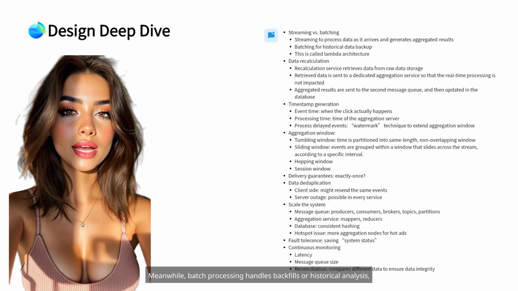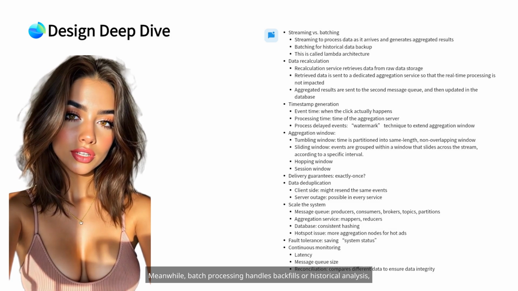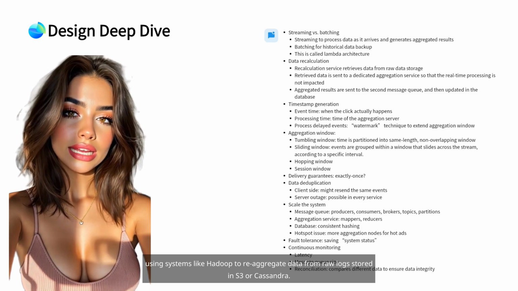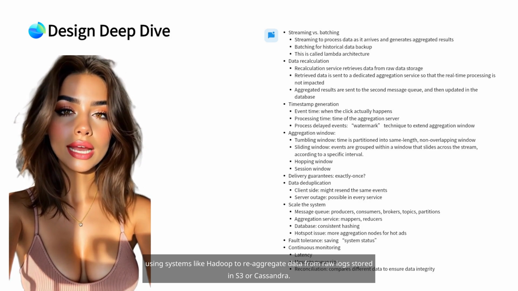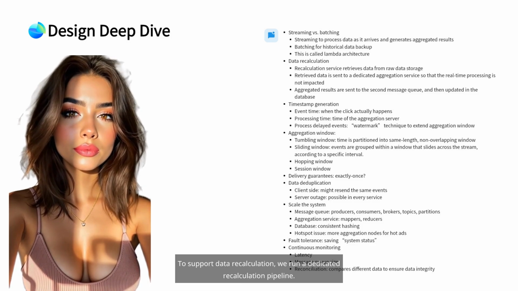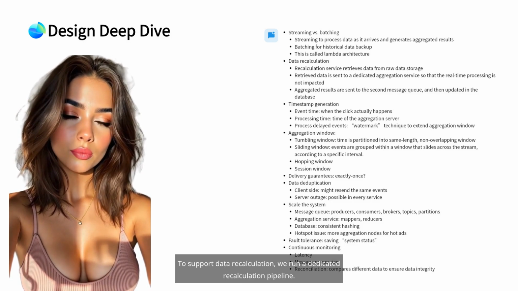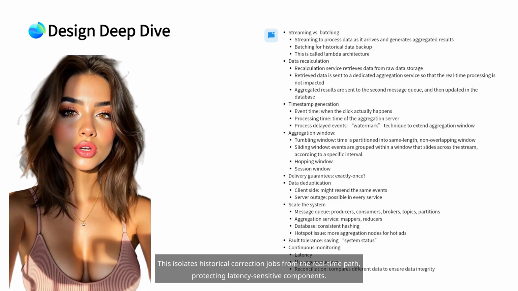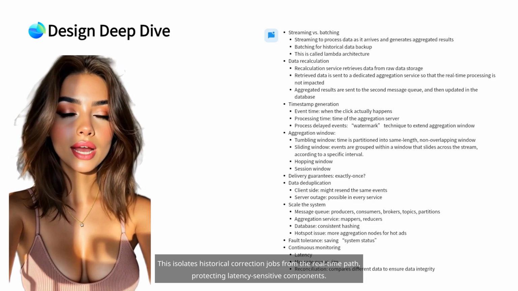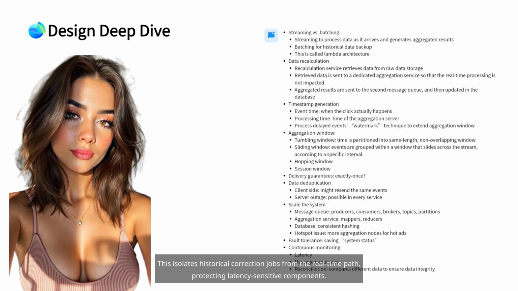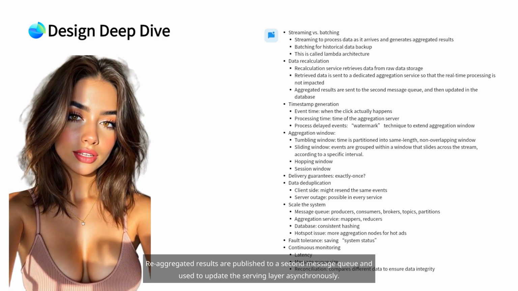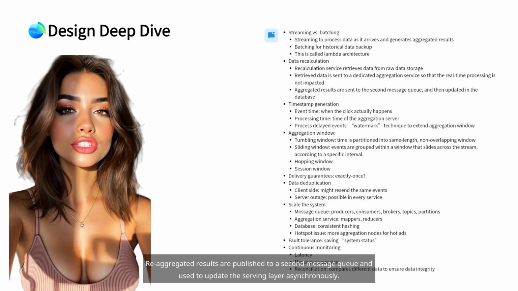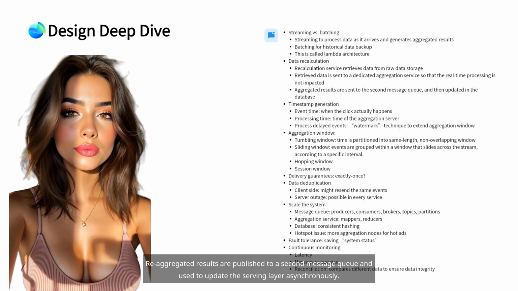Meanwhile, batch processing handles backfills or historical analysis, using systems like Hadoop to re-aggregate data from raw logs stored in S3 or Cassandra. To support data recalculation, we run a dedicated recalculation pipeline. This isolates historical correction jobs from the real-time path, protecting latency-sensitive components. Re-aggregated results are published to a second message queue and used to update the serving layer asynchronously.